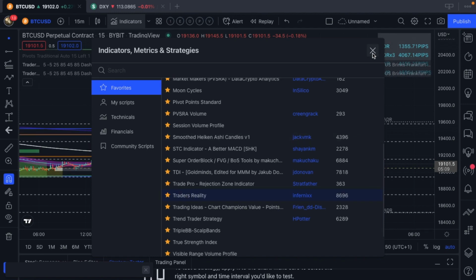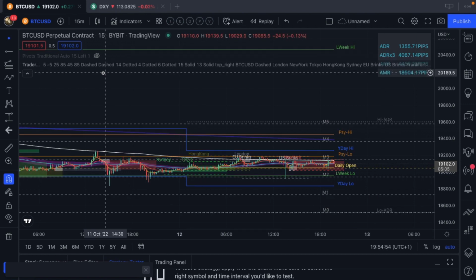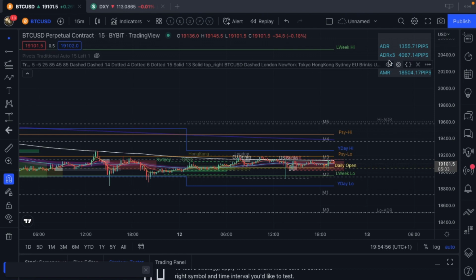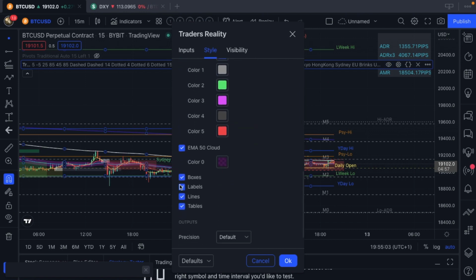Wait, I don't need two of them. Hold on. Okay, and I'm just going to get this box out of here. I'm not a big fan of too much stuff. Sorry, not the boxes, the table.